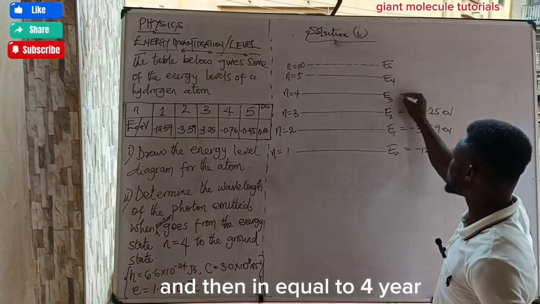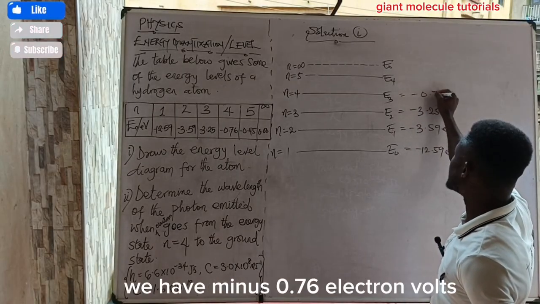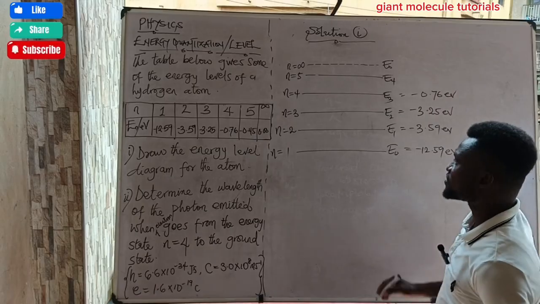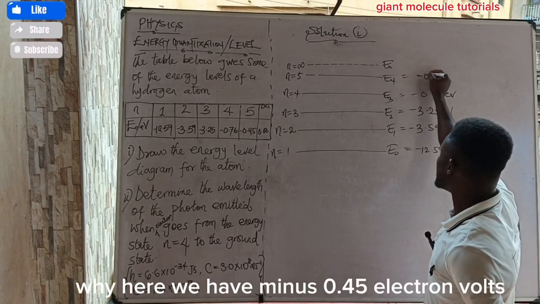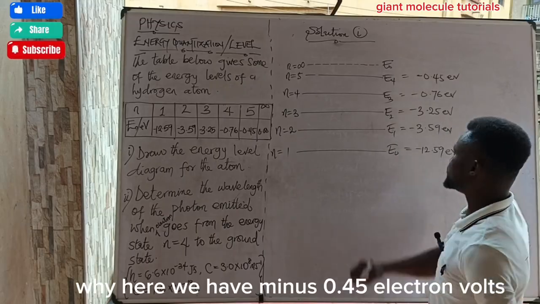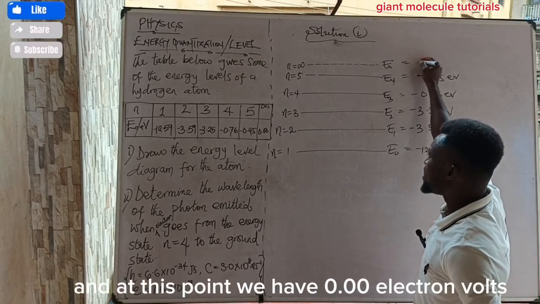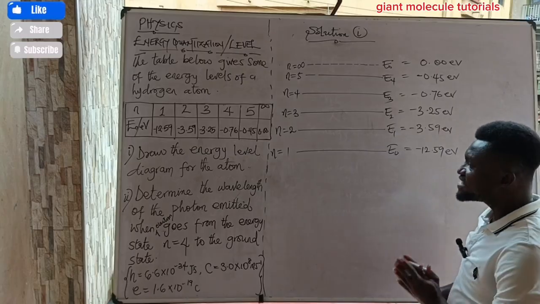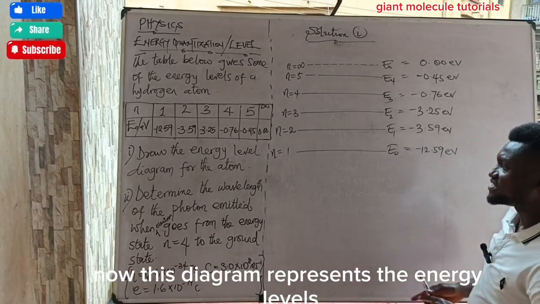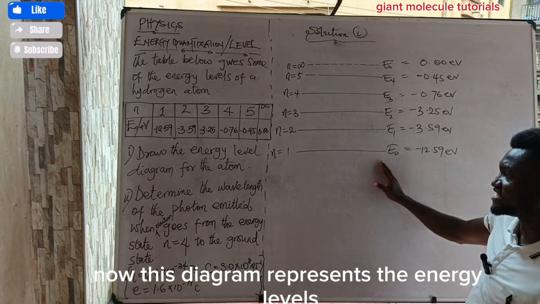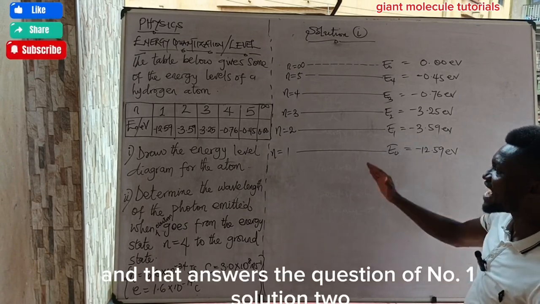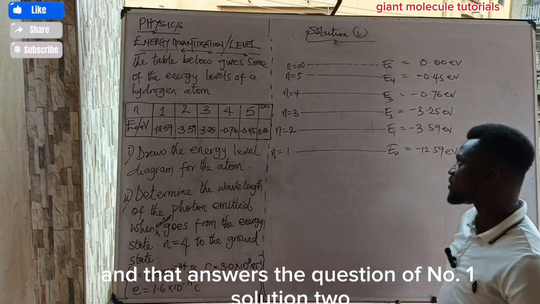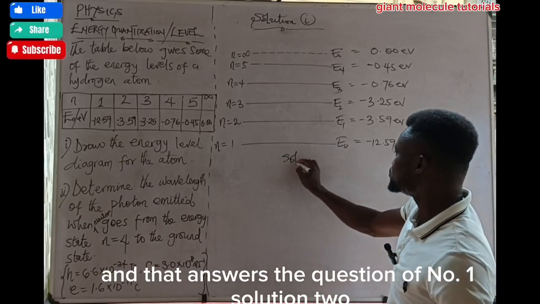And then at n equal to 4, we have minus 0.76 electron volts, while here we have minus 0.45 electron volts. And at this point, we have 0.00 electron volts. Now, this diagram represents the energy levels, and that answers the question of number 1. Solution 2.